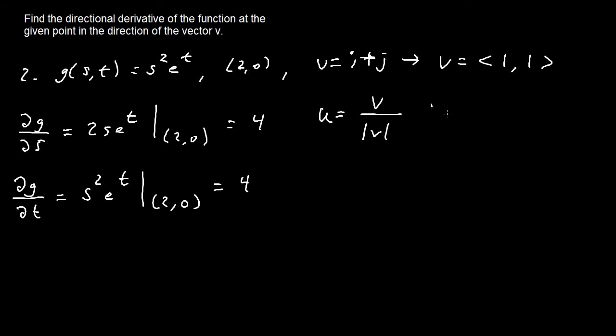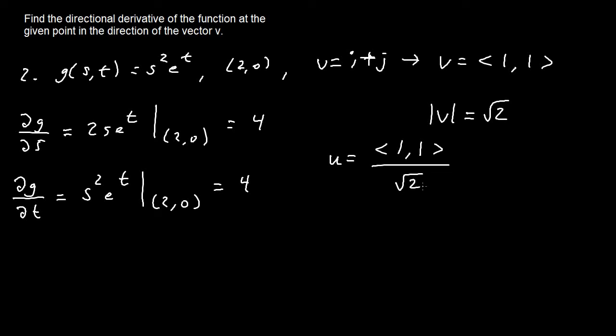So the magnitude of vector v is going to be equal to the square root of the x component squared plus the y component squared. And so we'll get the square root of 2. And so if we go ahead and find the unit vector here, we're going to take the vector v components and divide them by the magnitude, square root of 2. So we'll end up getting the unit vector equals 1 over the square root of 2, and also 1 over the square root of 2.